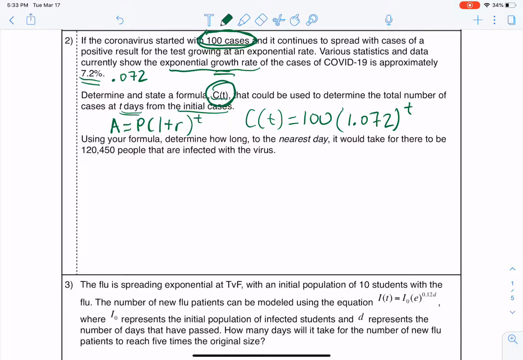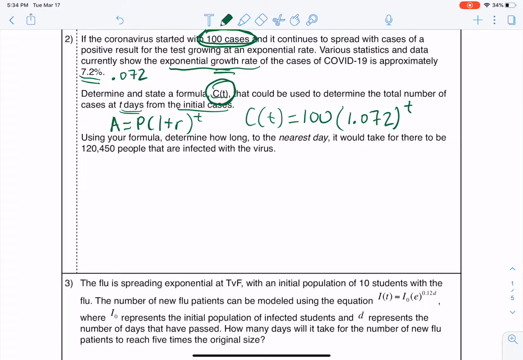Okay, so for part 2 of this question, using your formula, determine how long to the nearest day it would take for there to be 120,450 people that are infected with the virus. All right, so what we're really solving for here is that variable t, which is the time in days.